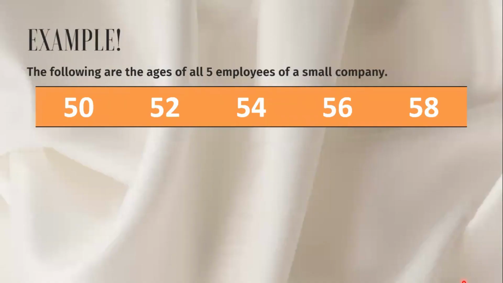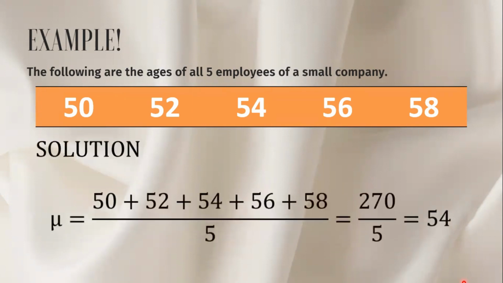Let's take a look at this example. The following are the ages of all 5 employees of a small company: 50, 52, 54, 56, and 58. Find the average age of the 5 employees. To solve this problem, let us go back to our formula and simply substitute the values.